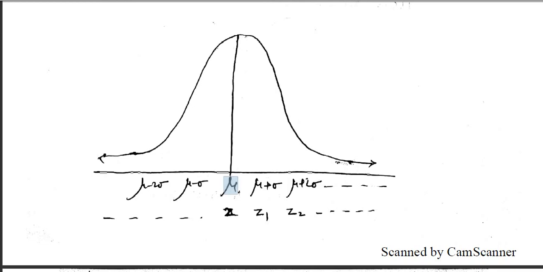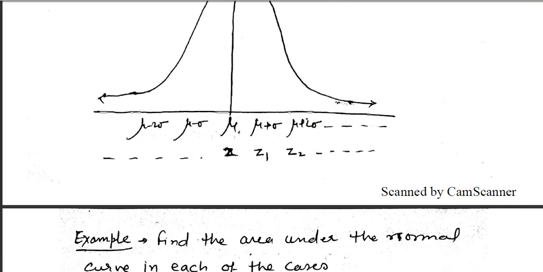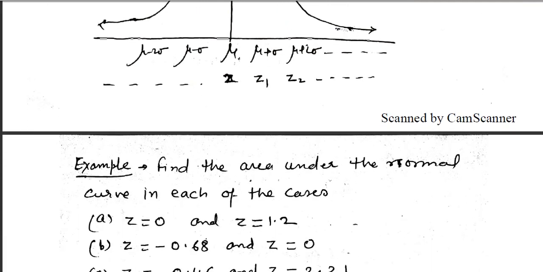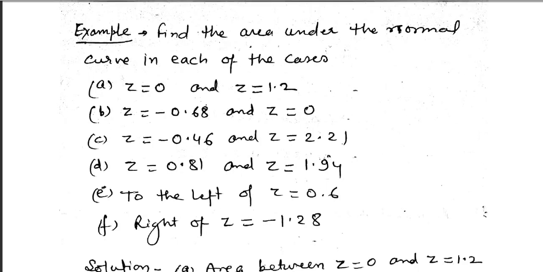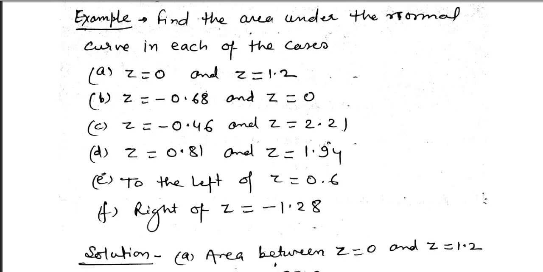Look at here, in place of mu, we convert to a new variate which is known as z. In place of mu plus sigma, we are taking z1. In place of mu plus 2 sigma, we are taking z2. Now find the area under the normal curve in each of them.